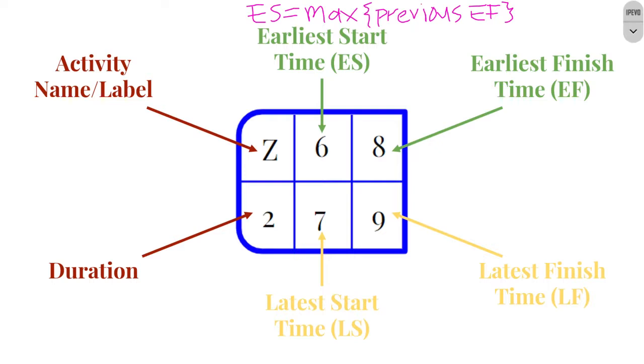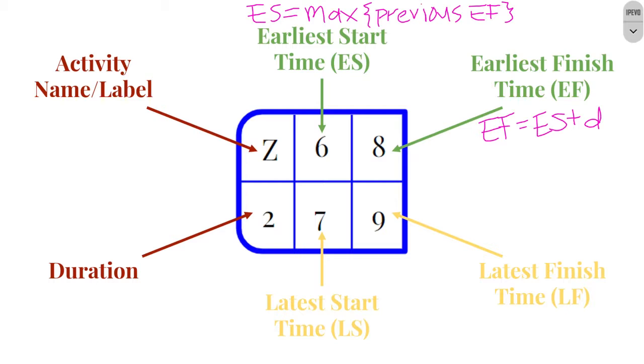Because I have to finish all previous tasks before I can get to this one. And then my earliest finish time will just be my earliest start time plus the duration, which I'm going to represent right now as a D. Okay, so I find those by working my way forward through the network.